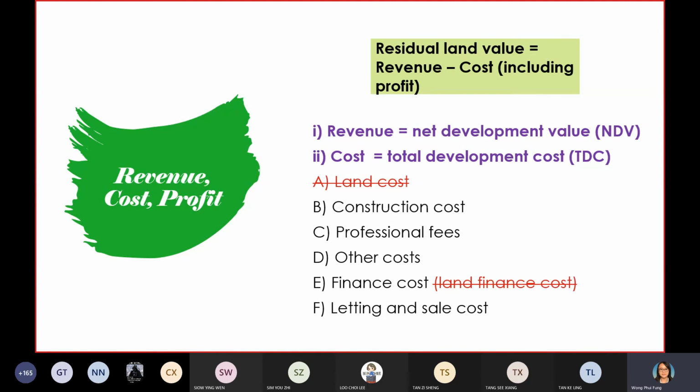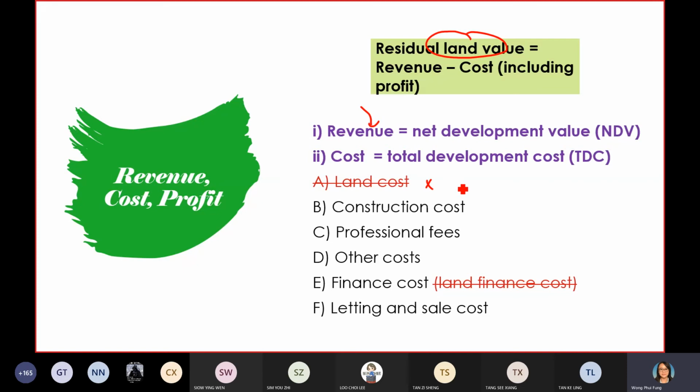For the residual method, because you need to get the land cost at the end, the formula is still the same. You use the revenue minus all the costs, including the profit. Similarly, revenue is still the same. You calculate your revenue, but under the cost, there is no land cost.